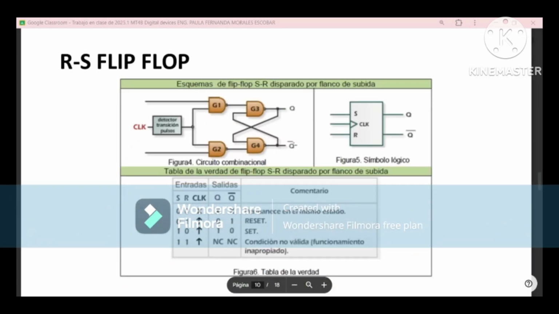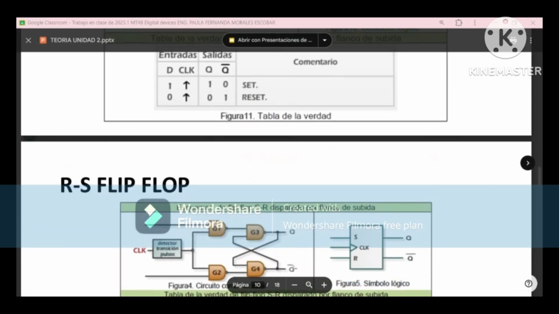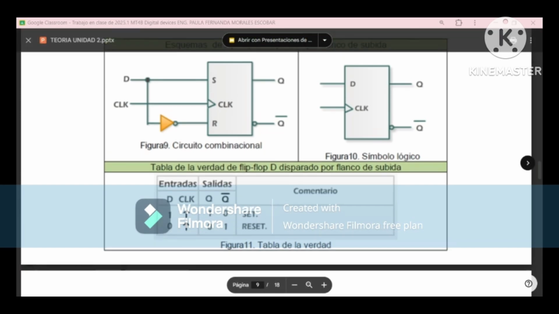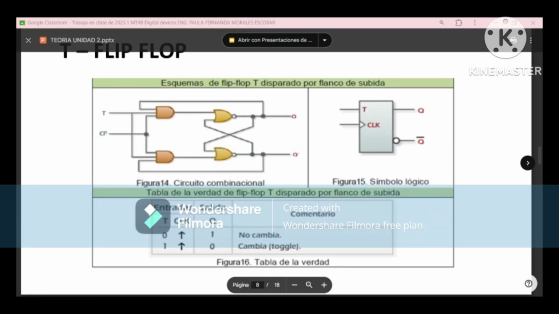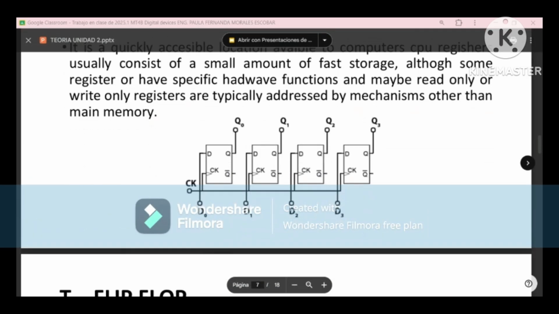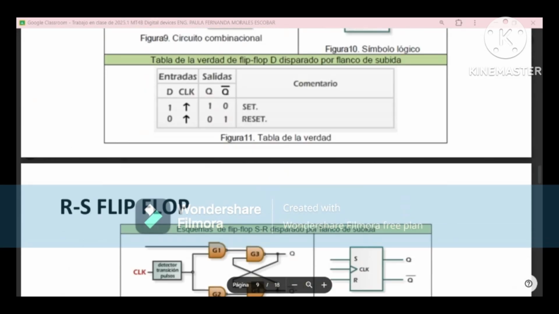This document was so useful because it led us to achieve the practice and complete it correctly.